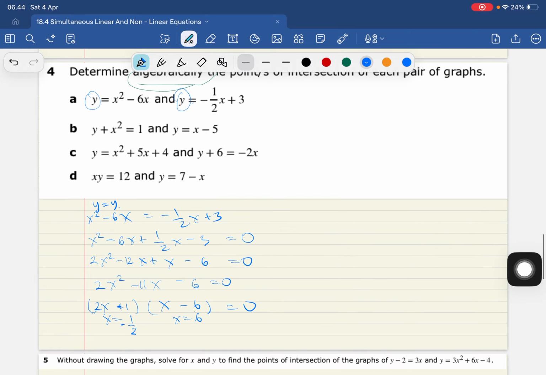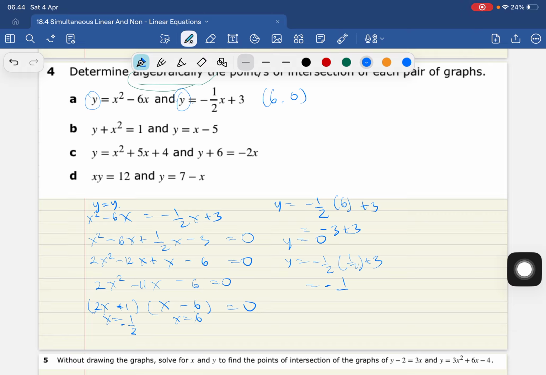So let's find the value of y. y equals negative 1 over 2 times 6 plus 3. So negative 3 plus 3, so y equals 0. Let's write it: the first is 6, 0. The second, y equals negative 1 over 2 times negative 1 over 2 plus 3.